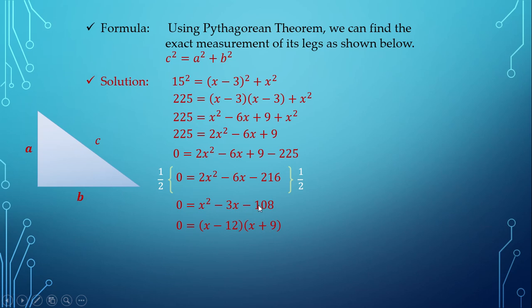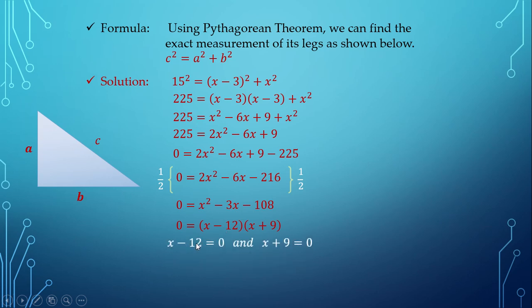Since it is negative 108, I put the negative sign on 12 and the positive on 9. Why? To get the sum negative 3. So negative 12 plus 9 is negative 3, and negative 12 times 9 is negative 108. So it cannot be plus, minus the other way; the negative sign goes on 12.